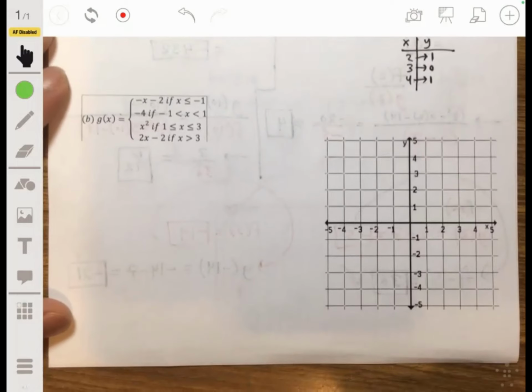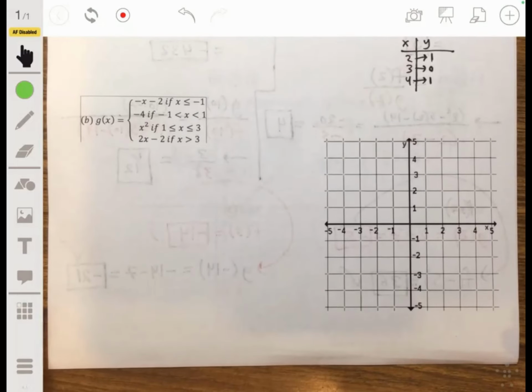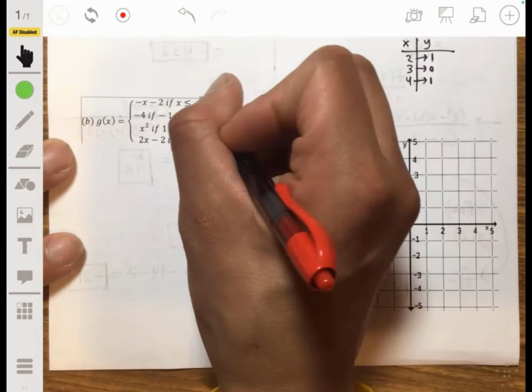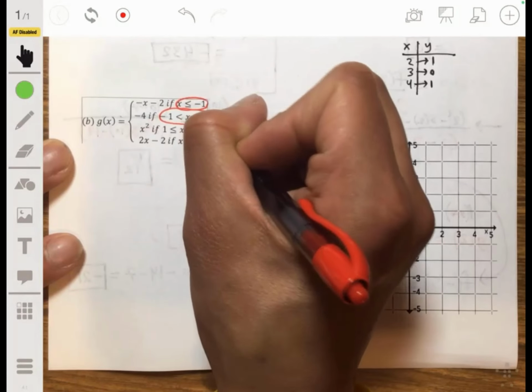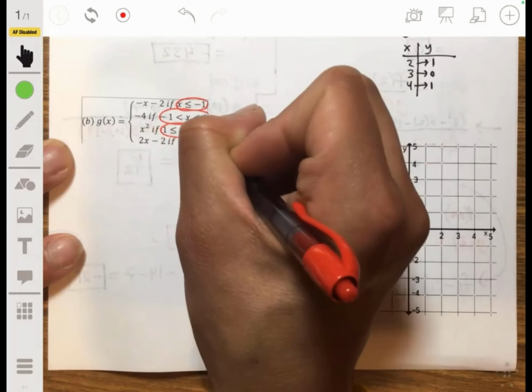All right, this other piecewise graph. Again, start off with the intervals. Let's make vertical lines at -1, 1, and at 3.